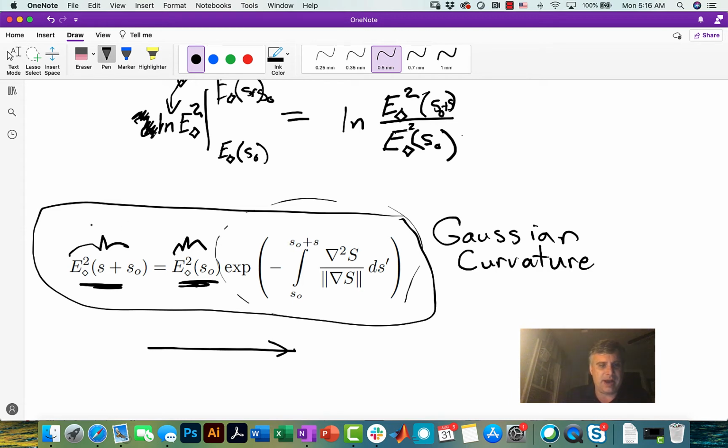And we have power over here too, because we have a field strength squared. So in a way, what we're going to find is that this is really almost a statement of conservation of power. Rays carry power, and that power is conserved, we're going to find, as the ray spreads out. The power density diminishes.